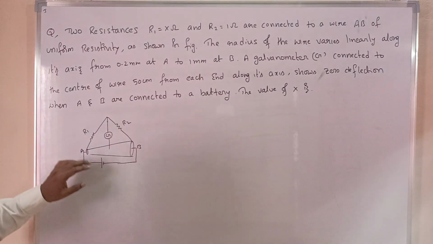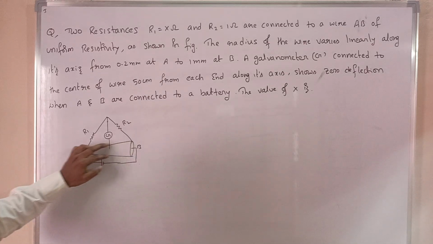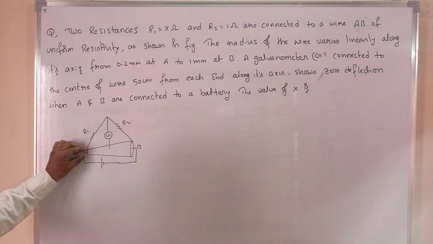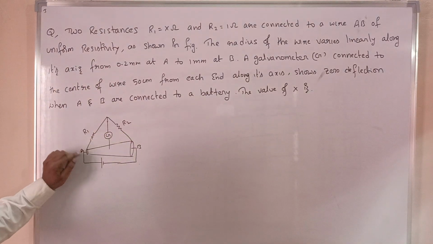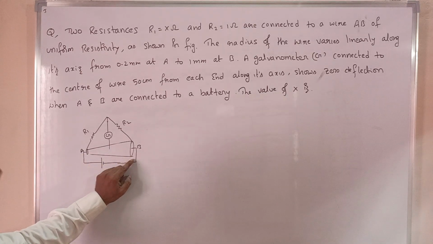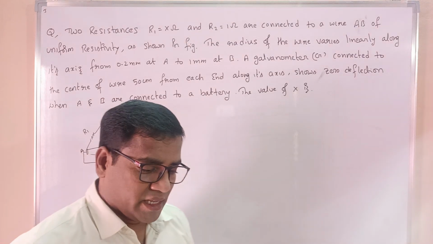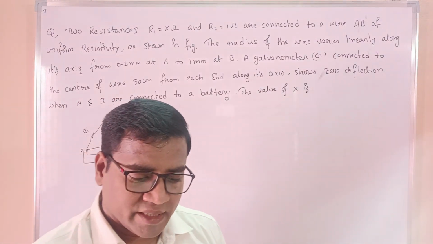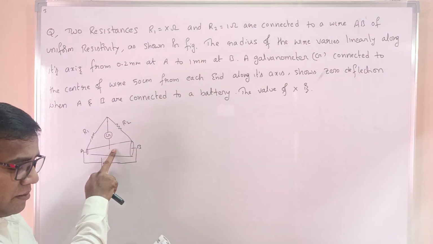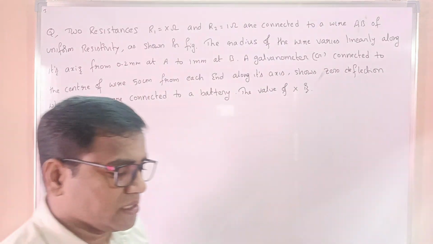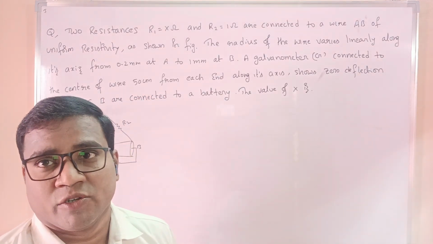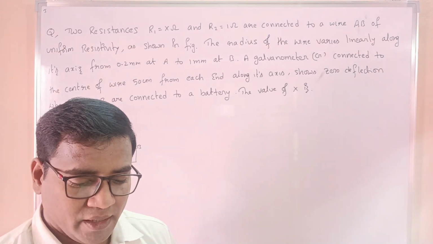See here, in this wire the resistivity is uniform, and the radius is varying from 0.2 millimeter at A to 1 millimeter at B. He is saying that a galvanometer G is connected exactly at the center of the wire, 50 centimeters from each end along its axis, and shows zero deflection.